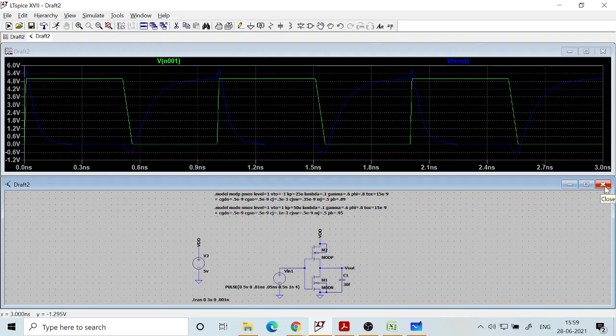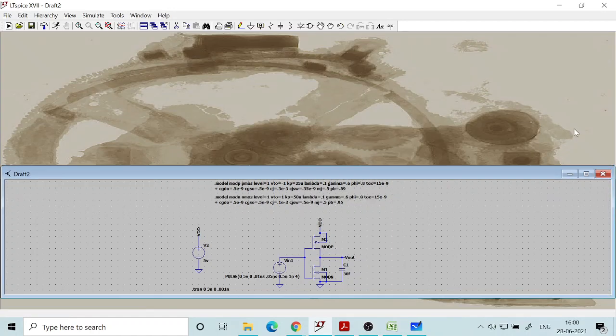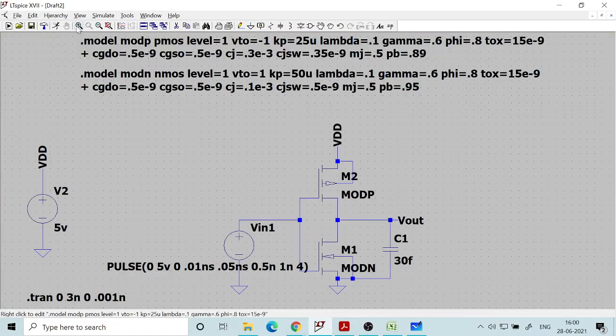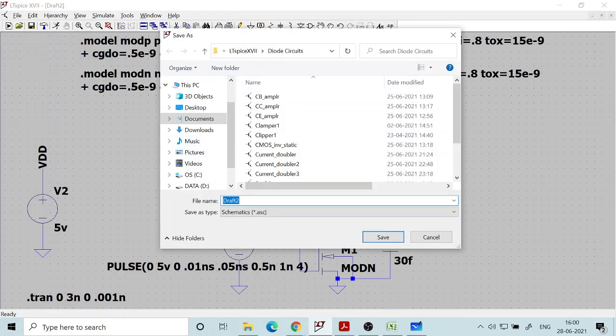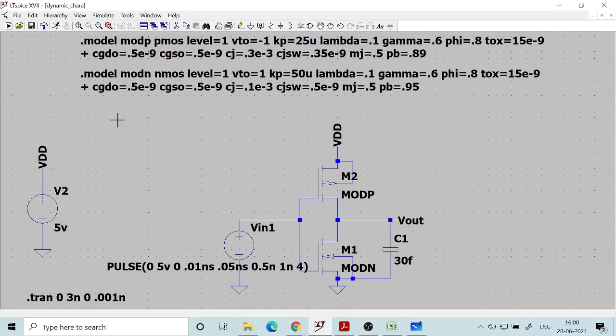As a second part of the experiment, I want you to do one more thing. You can take the same figure, this one is done.